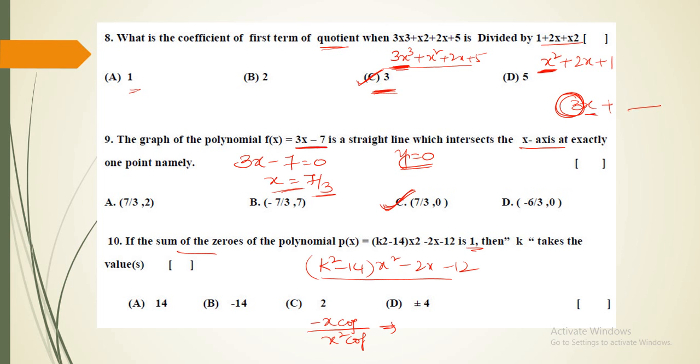So from this, minus x coefficient is minus of minus 2, by x square coefficient which is k square minus 14, which is equal to 1, as he has given. So from this, k square minus 14 is equal to 2. So k square is equal to 16. So k is equal to plus or minus 4.